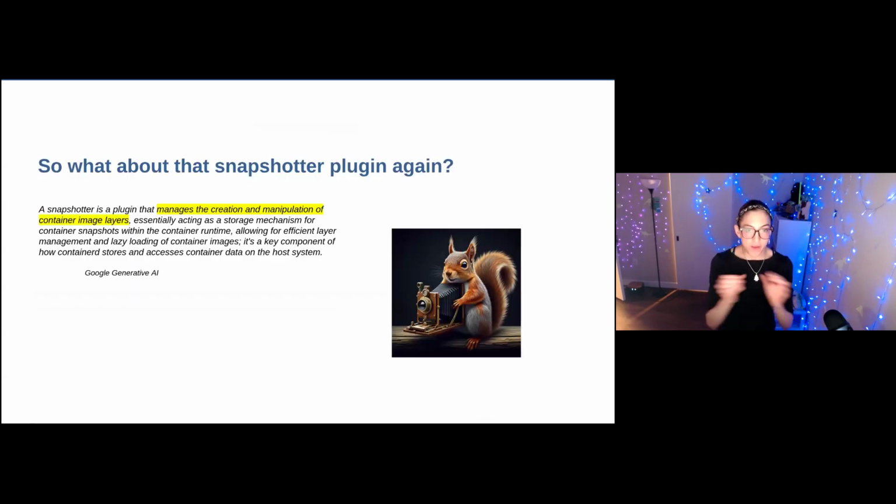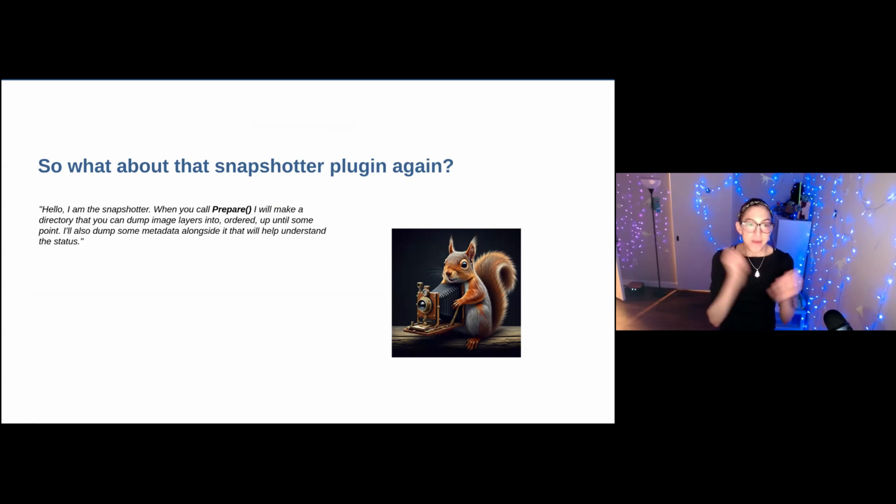So to remind ourselves of the Snapshotter plugin, we're going to be managing the creation and manipulation of container image layers. This means, in layperson terms, like, hello, I'm the Snapshotter. When you call prepare, I'm going to make you a special little directory that I'm going to be dumping layers into until some point.